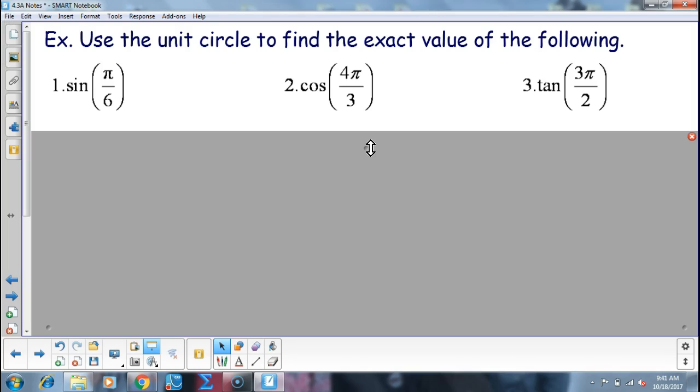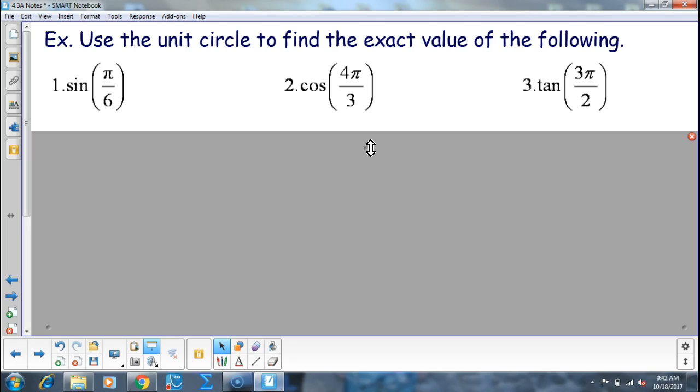Now, from yesterday, we learned that x is cosine, y is sine, tangent is y over x, so sine over cosine.